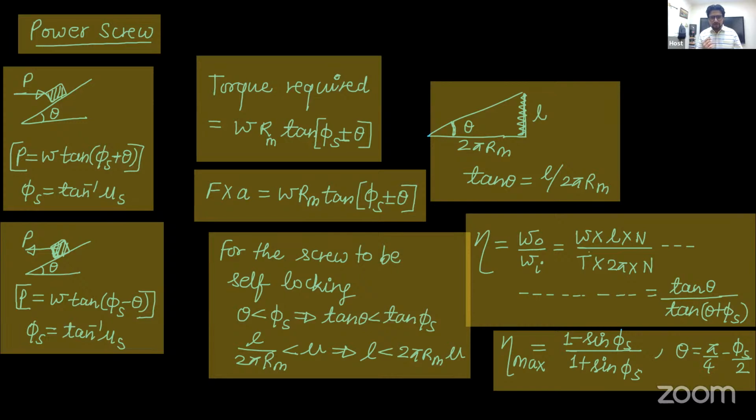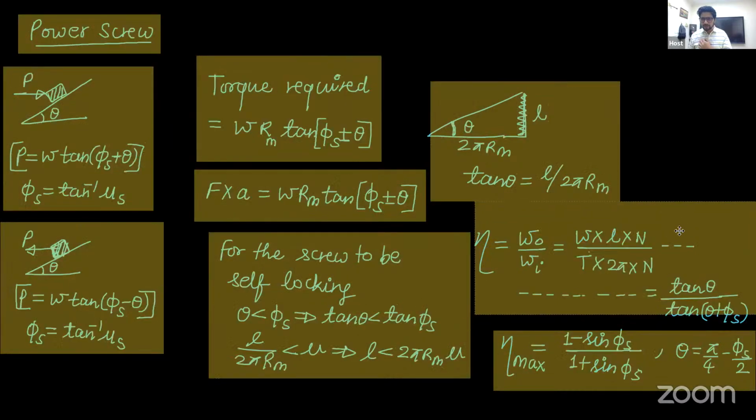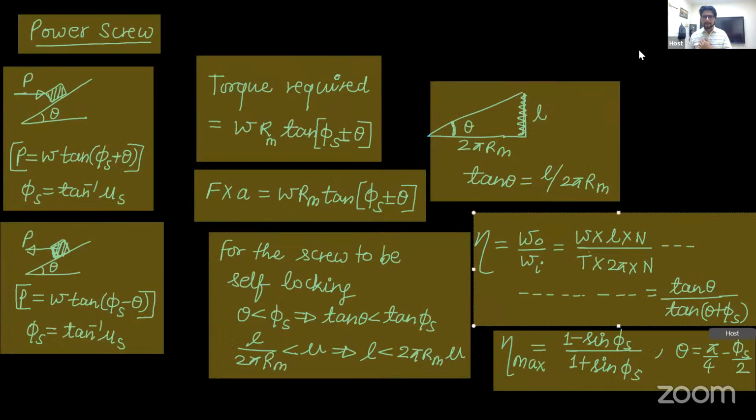You are always going to do every analysis for the screw to be self-locking. If a screw is not self-locking, that power screw is useless. So our entire analysis we have done is actually for a self-locking power screw.